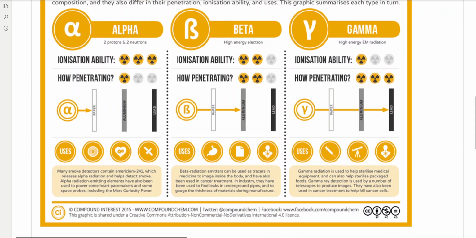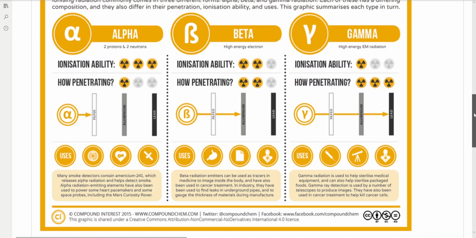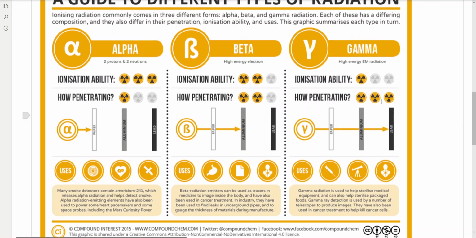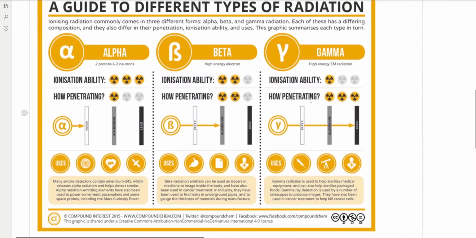So here's a nice summary of the dangers of radiation. We've got different types here, alpha, beta, gamma, and the different penetration strengths and their ionization strength as well. We use different ones for different technologies.